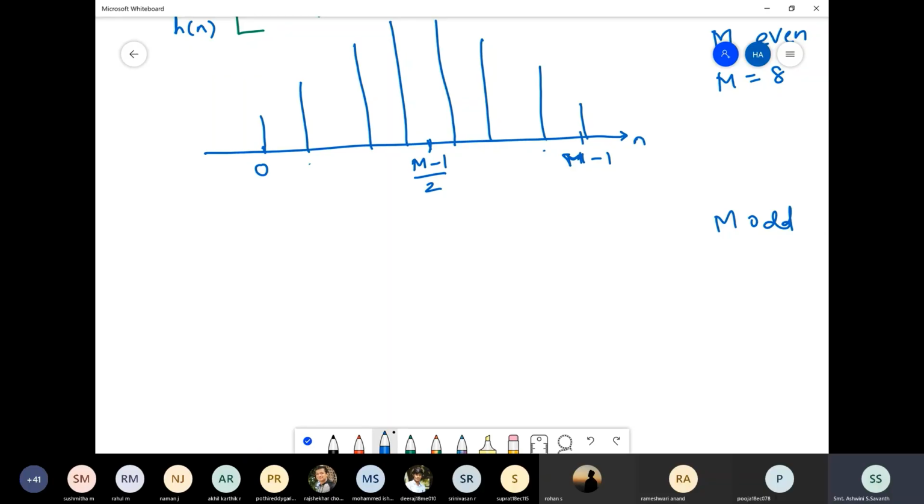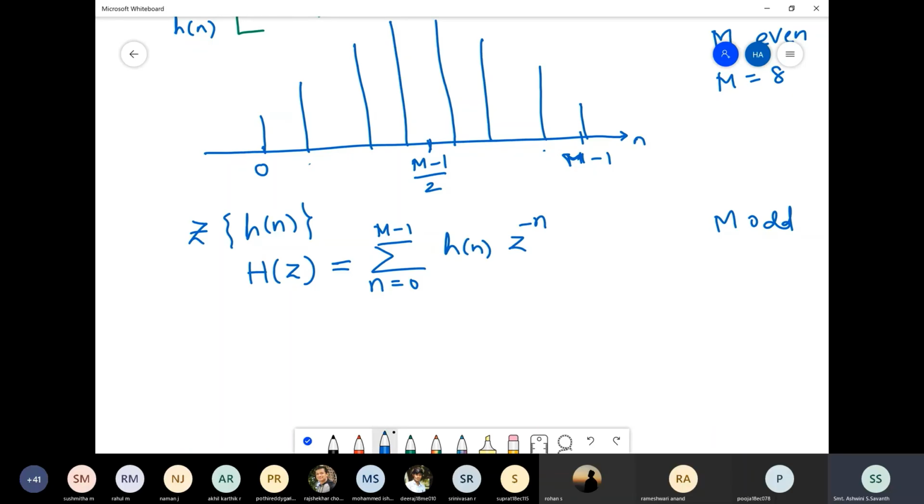So, to find the frequency response of the filter, let's write down the Z transform of h of n. So by definition, what is that? H of z is the transfer function, or the Z transform of h of n. So if you write the equation for that, the sum over n from 0 to m minus 1 of h of n z to the power minus n.